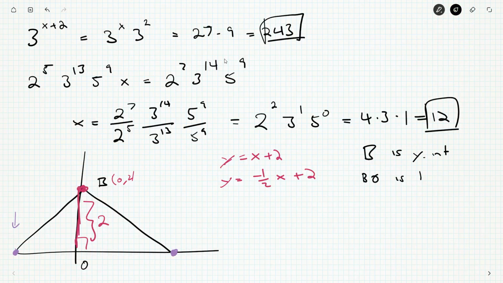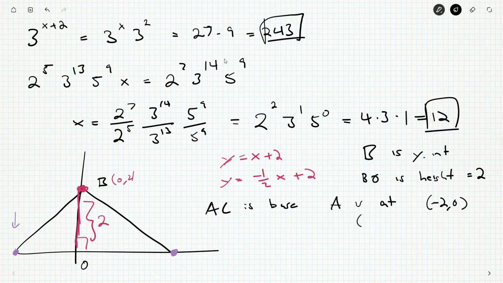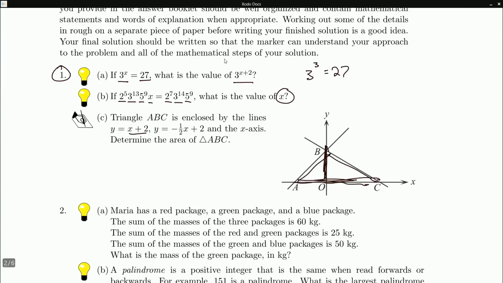BO is a height or altitude, and it's of length 2. AC is the base. A is at negative 2, 0, since it's the x-intercept of y equals x plus 2. And C, I do have the order of these guys, right? Yeah, it was A first.